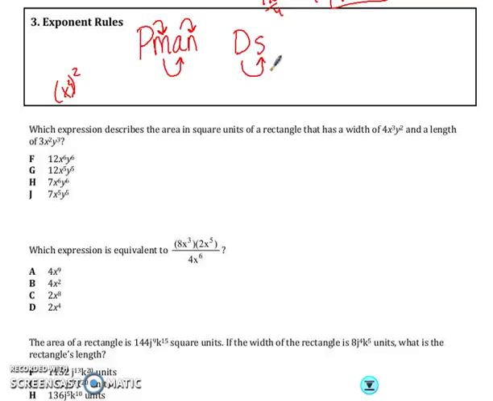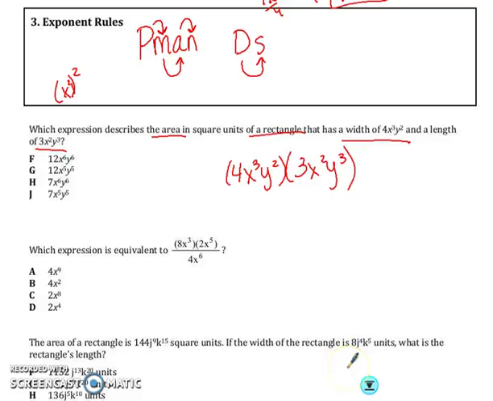Okay, so here it says, which expression best describes the area in square units of a rectangle with a width of 4x cubed y squared and a length of 3x squared y cubed. So area is length times width, right? That means I have to do 4x cubed y squared times 3x squared y cubed.